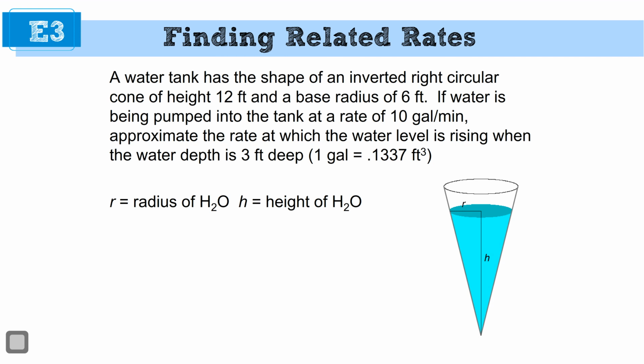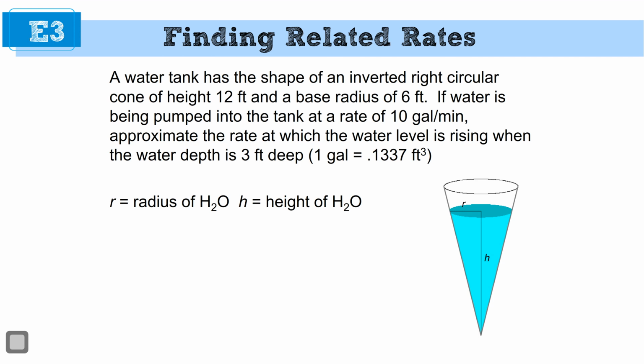Okay, what is that rate? Is it positive or negative? Positive, because the volume is getting larger as you pump it in. Okay, and we'll worry about the gallons per minute in a second. And then what are we looking for? Approximate the rate at which the water level is rising. What is that?